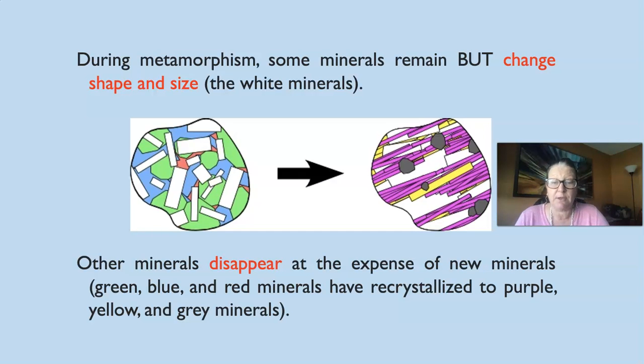So in this example here, we have a white mineral that remains before and after metamorphism. The other ones change, but it did change its shape and its size. So we've recrystallized the red, green, and blue to become purple, yellow, and gray, but the white mineral has changed. And you'll notice that the minerals are aligned in a particular direction here, and that is the foliation I was talking about earlier.